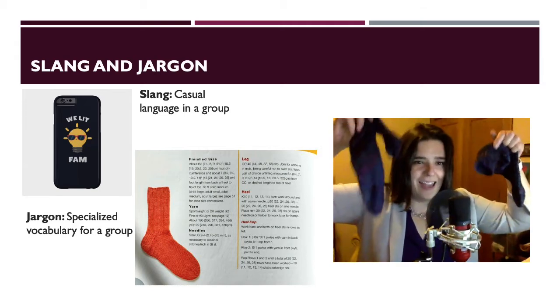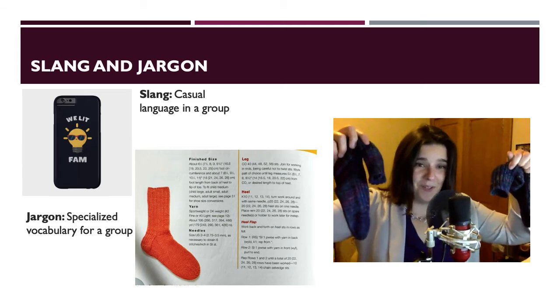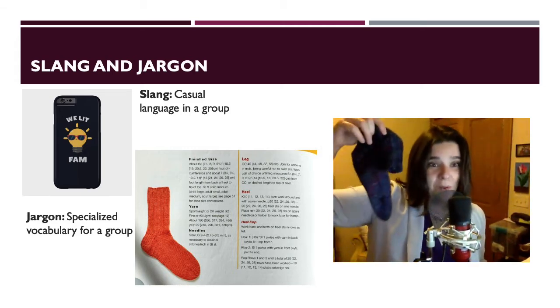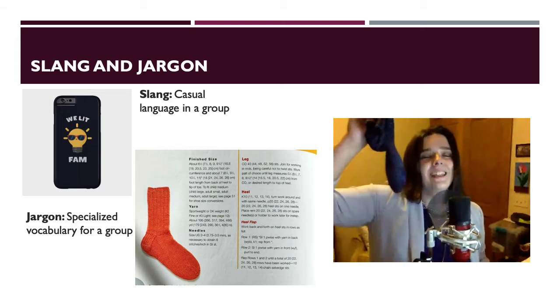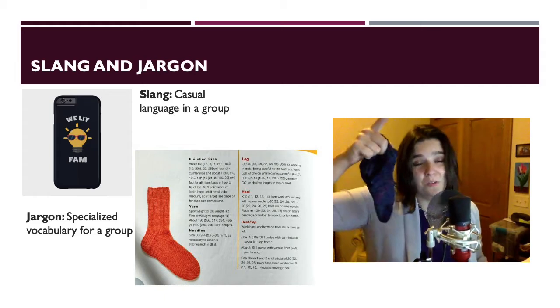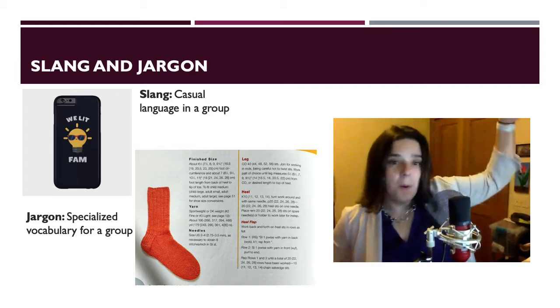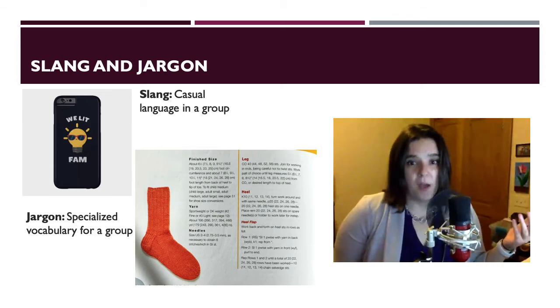These are hand knit socks. Yes, it is prop day in Comms 100. And if you want to get real meta, I knit one of these socks on that train in England that I didn't buy the right ticket for, that was fine because I had an accent. So, boom, meta. Jargon is specialized vocabulary for a group.